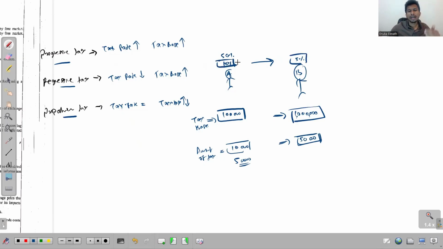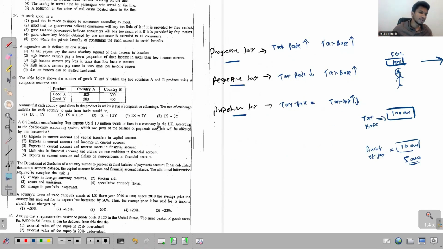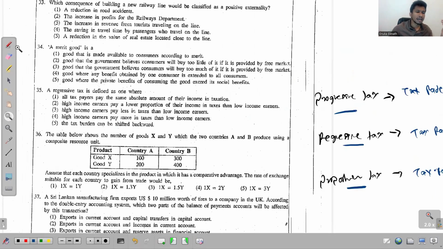So if tax rate is reduced when the tax base is increased, we recognize that to be regressive. එහෙමයි අපි මේක අඳුරගන්න. ඉතින් ඒ නිසා අපිට මෙහෙම මේක define කරන්න බෑ. All taxpayers pay the same absolute amount of their income in taxation. එහෙම එක define කරන්න බෑ.